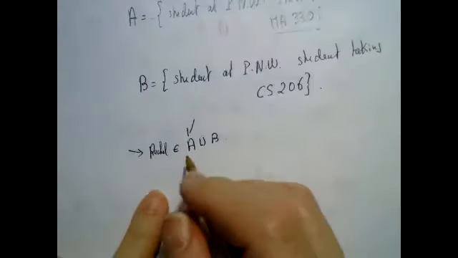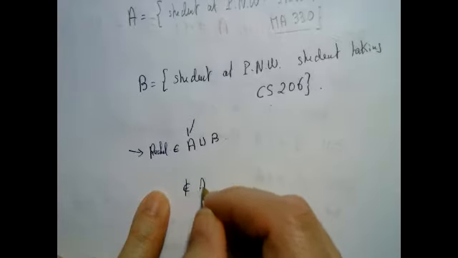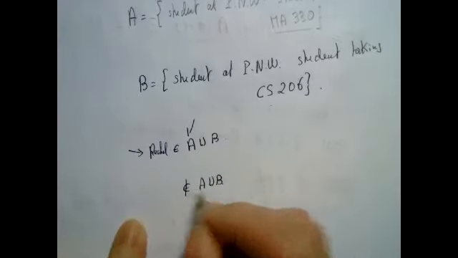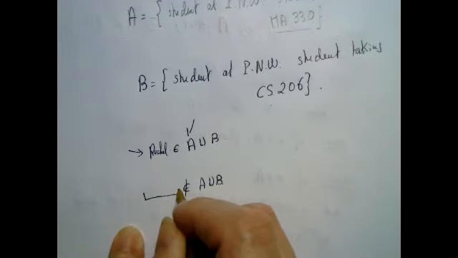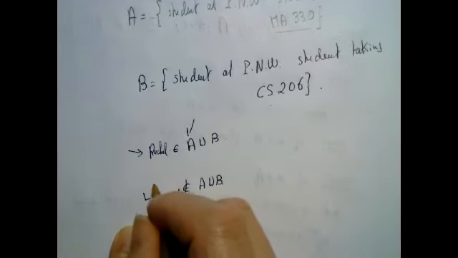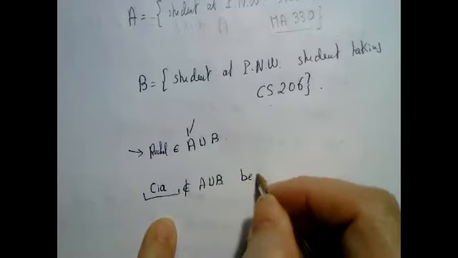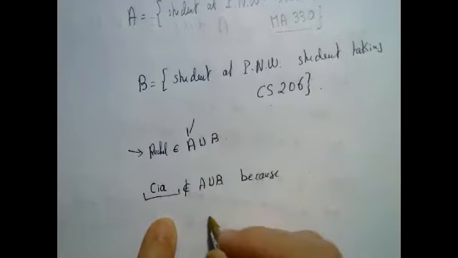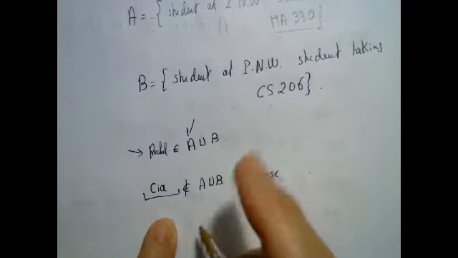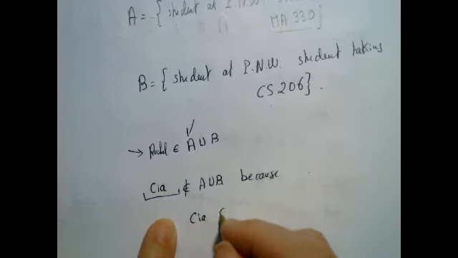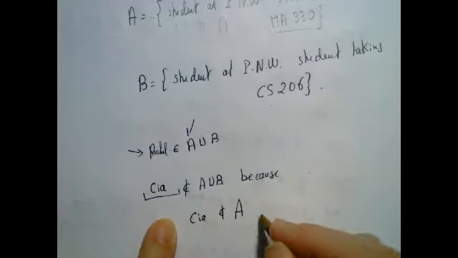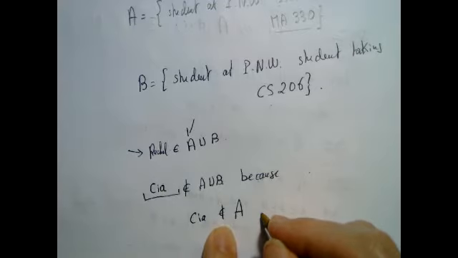Now, is any of you not in A union B? Yeah, I'm not in it. Kai, you're not? Nope, because I'm not taking both classes. Right, because Kai is not taking A. He's not taking 330.